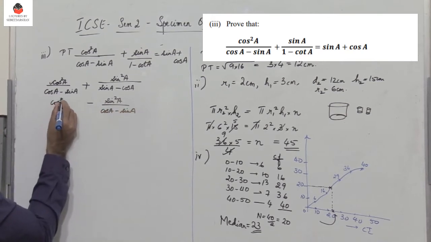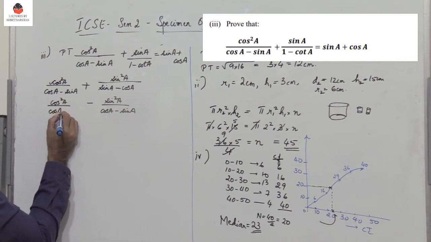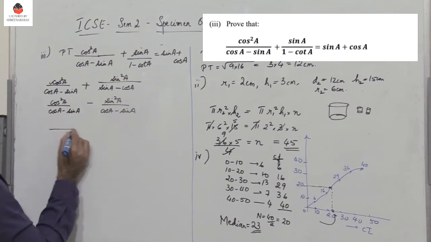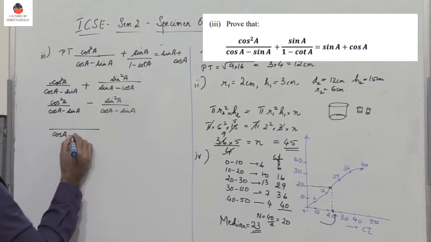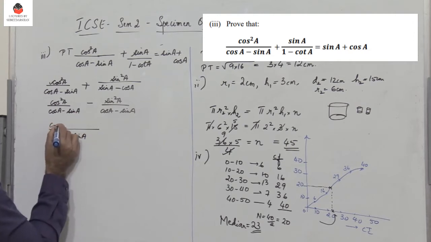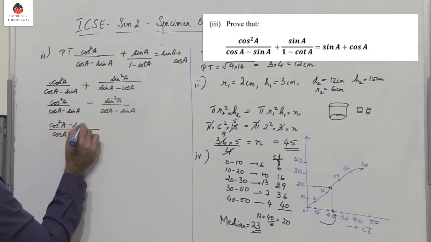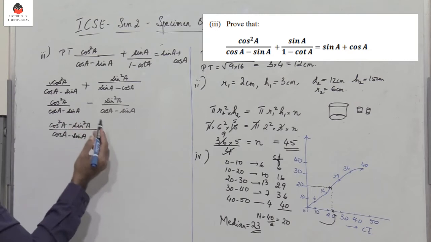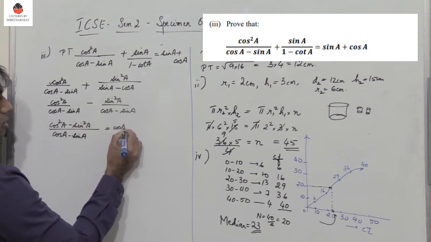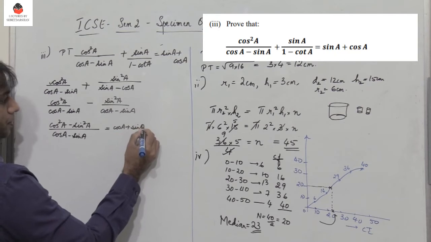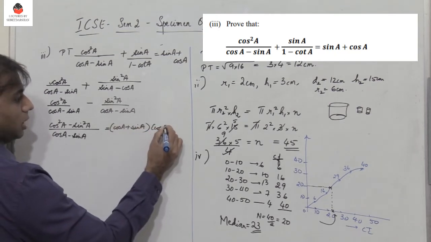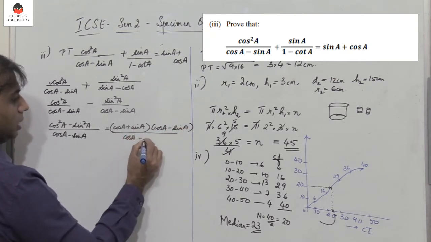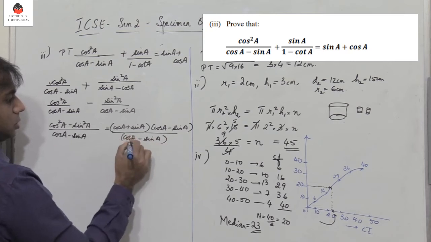And here you have cos square A by cos A minus sine A. The denominators are the same, so you have cos A minus sine A. In the numerator, you get cos squared A minus sine squared A. This is of the form A square minus B square, which is A plus B into A minus B. So I write this as cos A plus sine A into cos A minus sine A divided by cos A minus sine A. These two can be cancelled.